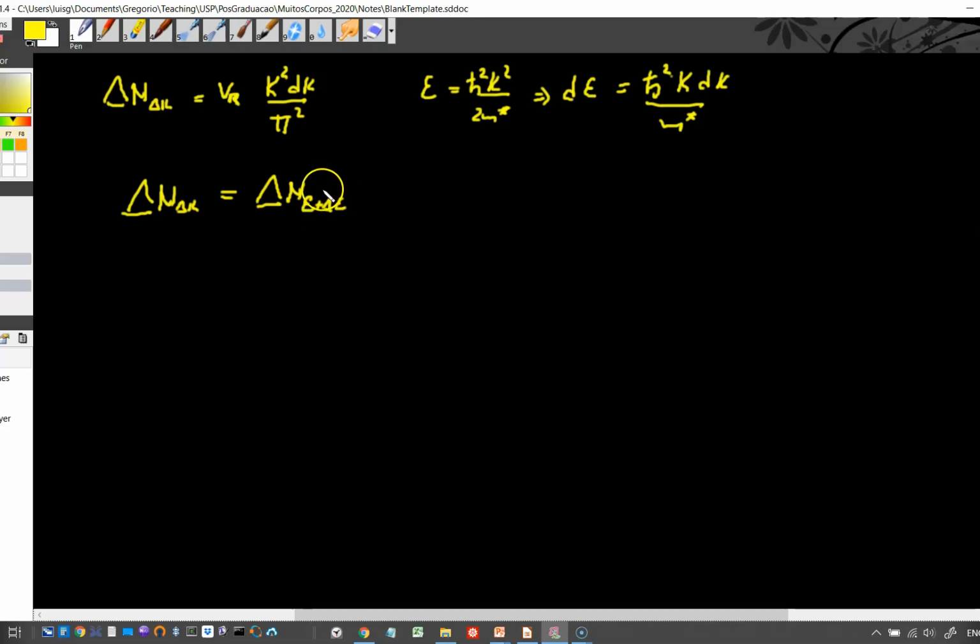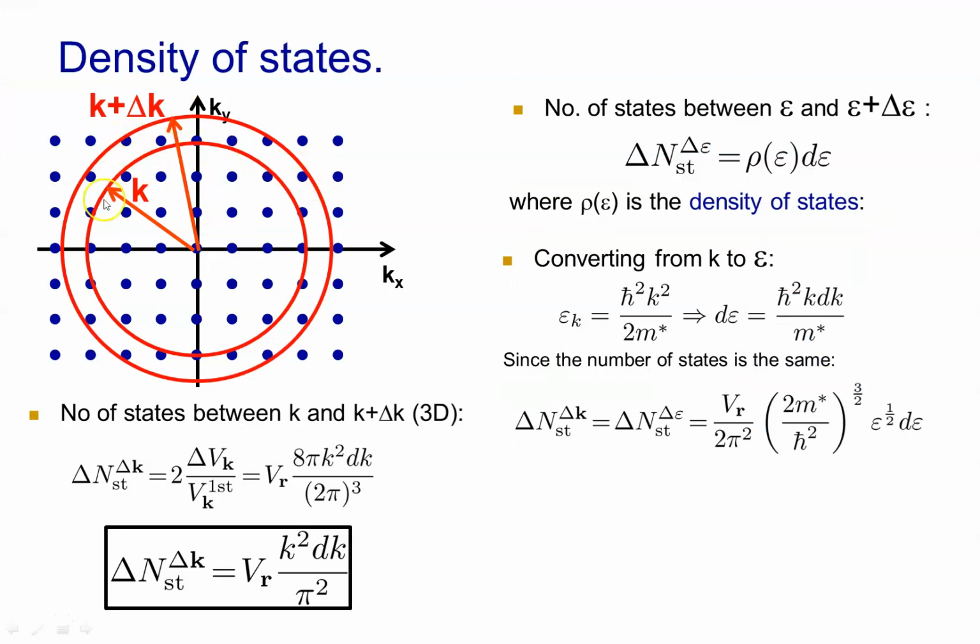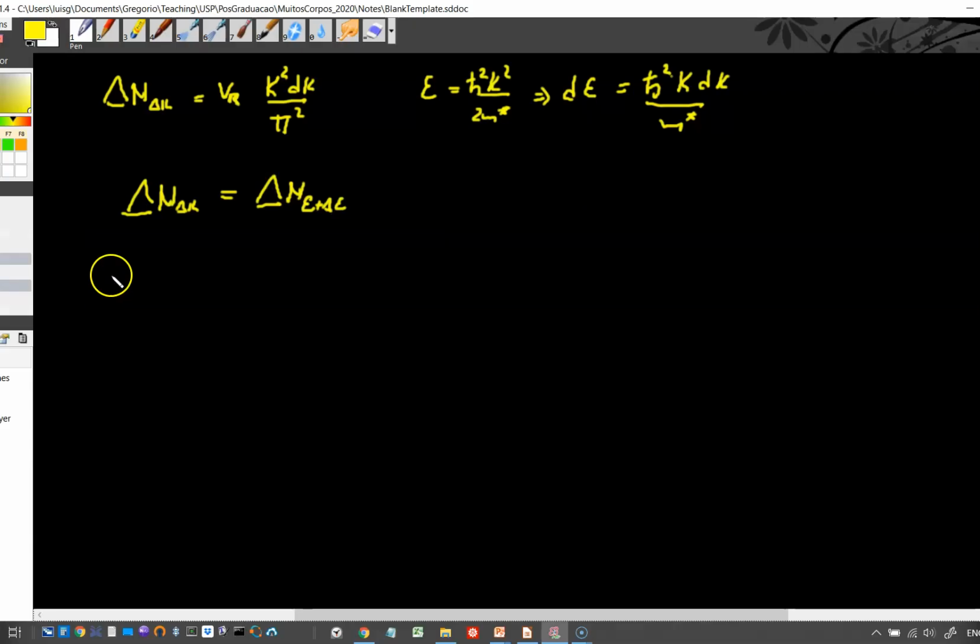It's just the number of states in that sliver of this spherical shell. So the only thing I need to do is convert this into energy.